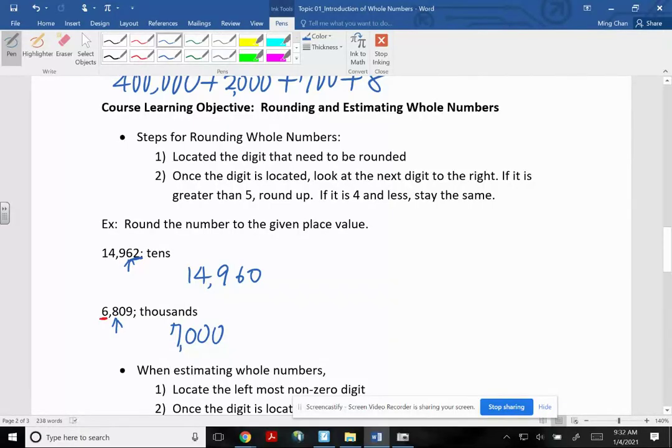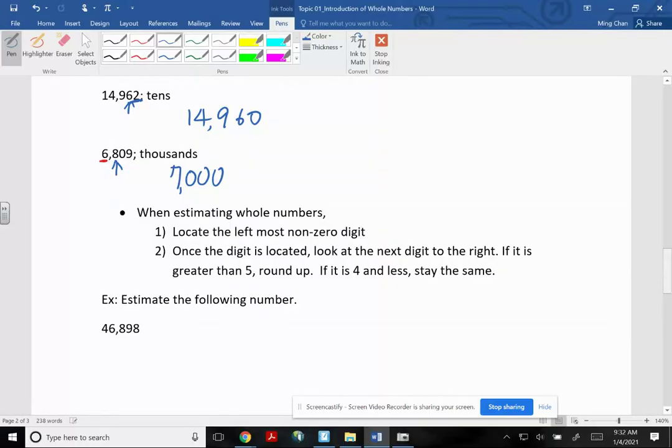All right, that's rounding. So when it comes to estimating, locate the leftmost non-zero digit. For this example, the leftmost non-zero digit is the 4. I'm not saying you round the first number. That's not what I'm saying. Because if I ask you to estimate a decimal, then you can't round 0.